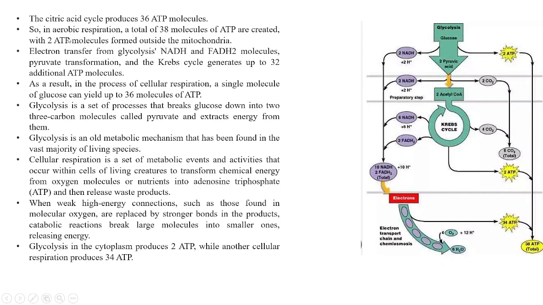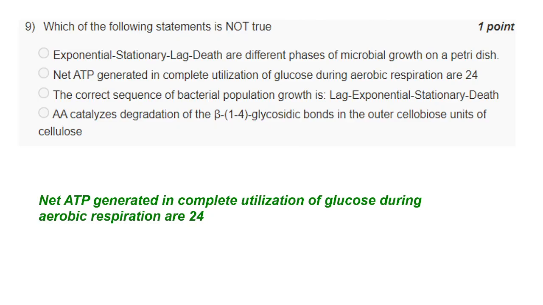As I said before, 2 ATP molecules are formed outside the mitochondria because of glycolysis, and the other 36 are formed inside the mitochondria, so the entire process gives rise to 38 molecules of ATP. So the number 24 is wrong, and that is the false statement.